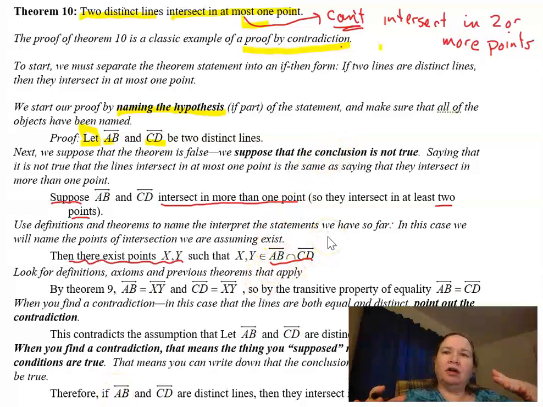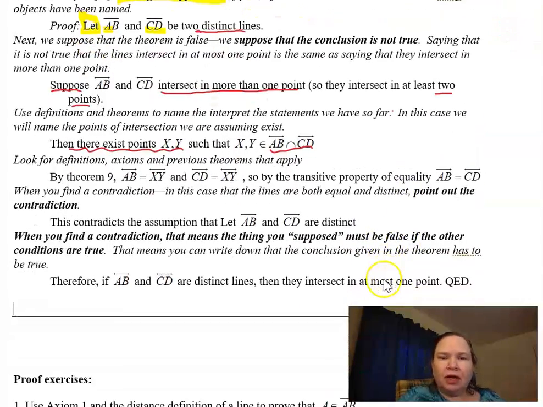Now I need to find a contradiction. It has to be a contradiction with something I already know is true. In fact, I'm pretty sure it's got to be a contradiction with these two lines being distinct. So we've got to somehow prove that those have to be the same line. And, of course, that's why we proved Theorem 9, so that we could say that they are the same line.